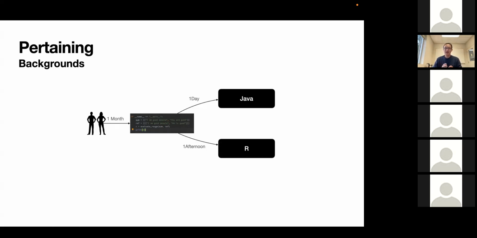I found that the second time I learned a new programming language cost me less time. In this picture, after the first month learning Python, when I wanted to learn Java, I only needed one day to get all the Java ideas and know how to build a class and write a new function. When it came to R, I needed just one afternoon, because R has really similar properties to Python. So this didn't cost me too much time.